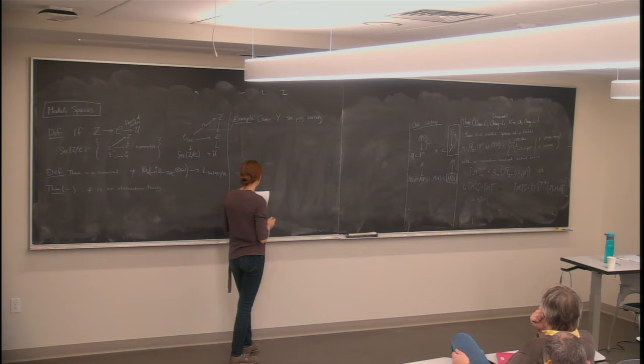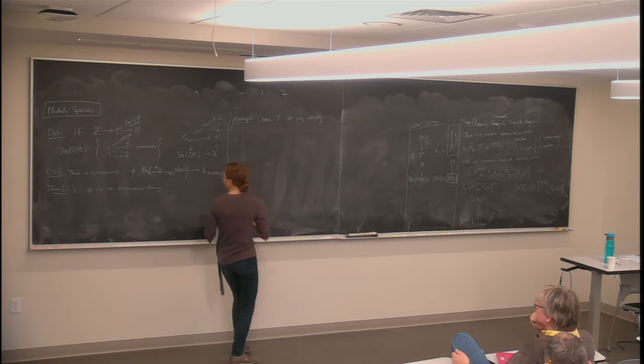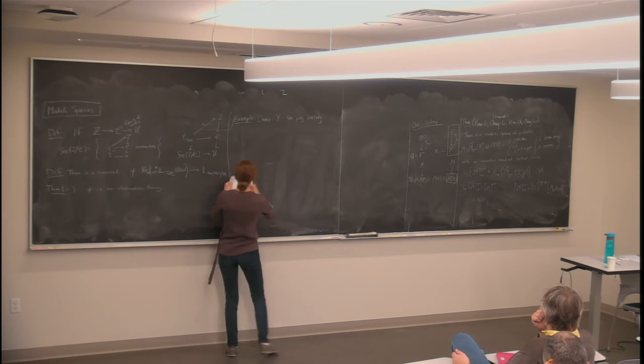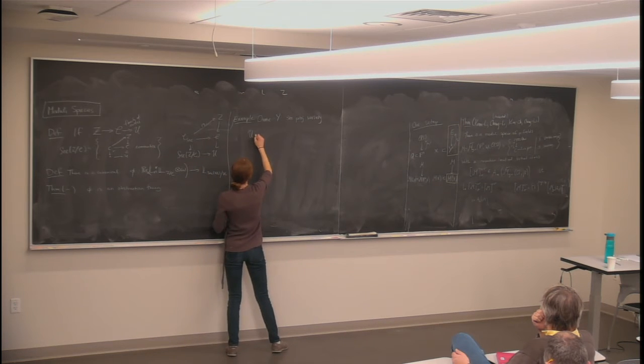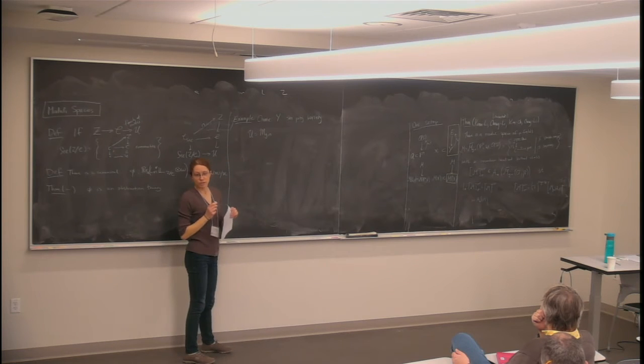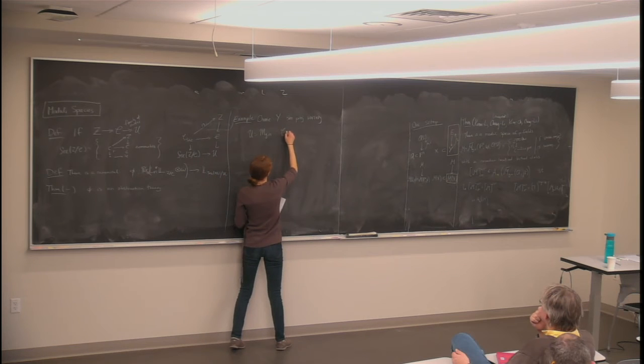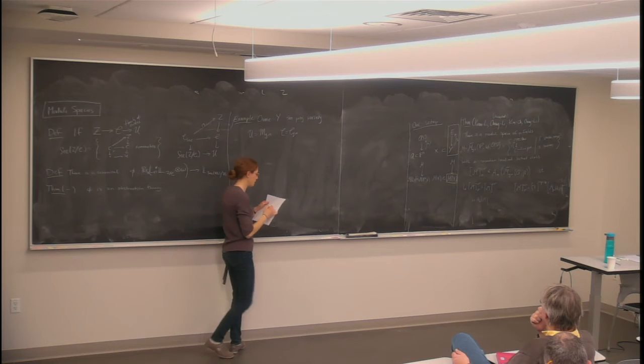And so then what you want to do is set your U to be the moduli of pre-stable curves with some genus and markings, and C to be the universal curve there.